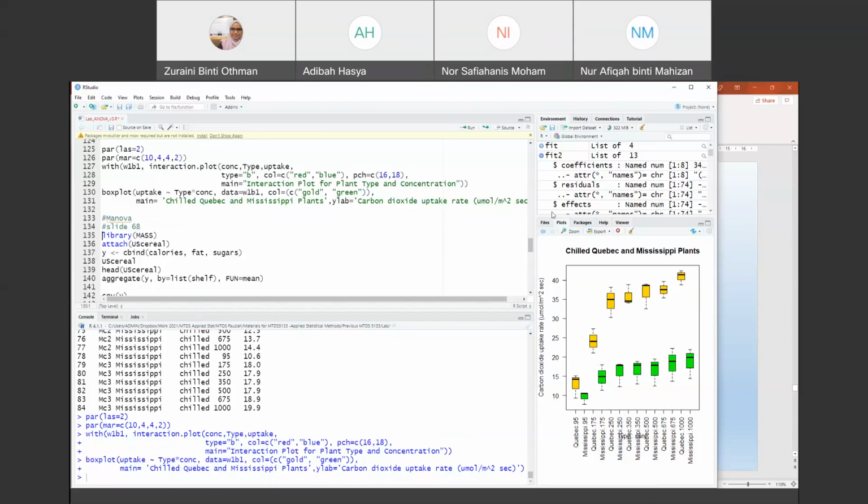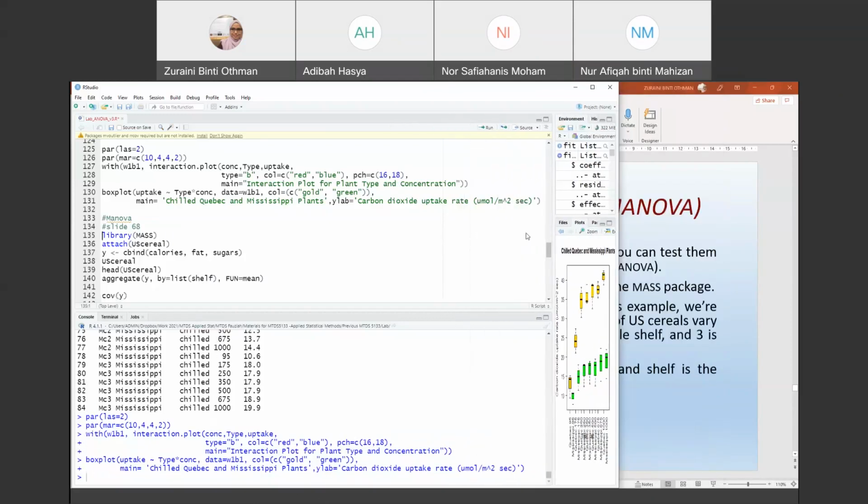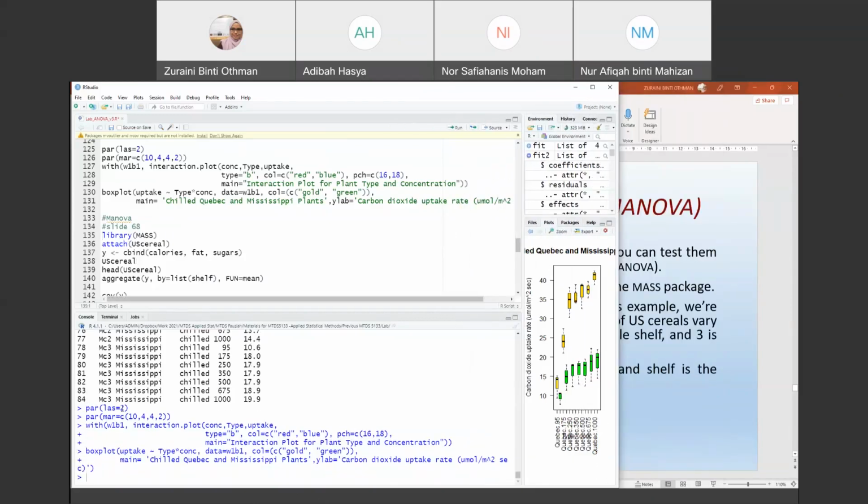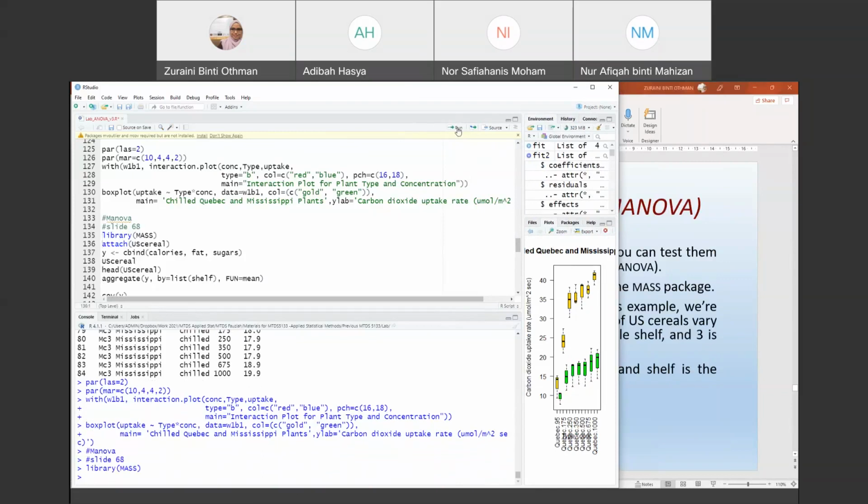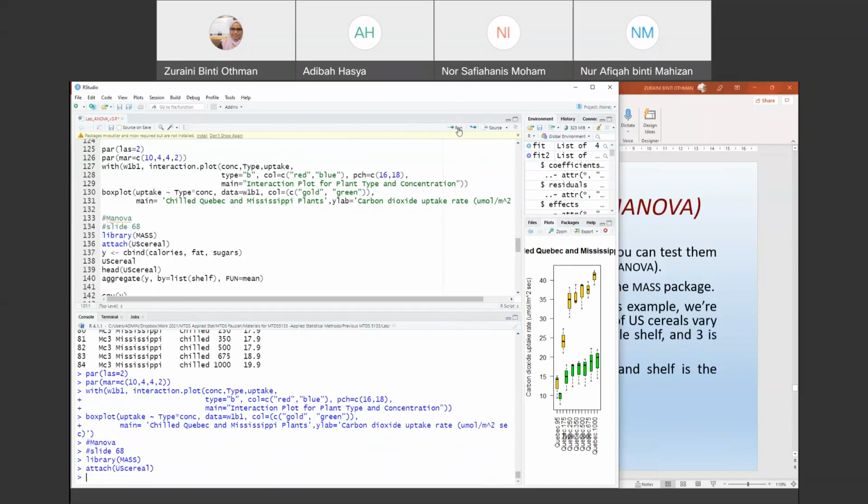Then this is the, okay, library MASS, where our data from just now is in this MASS library. Okay. And we attach the US cereal.